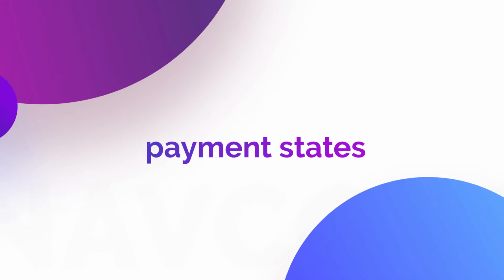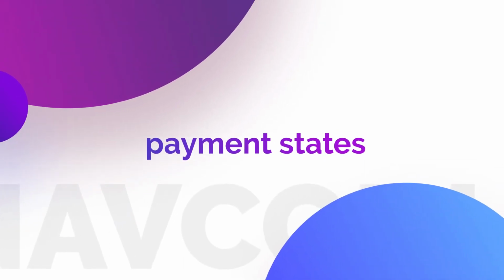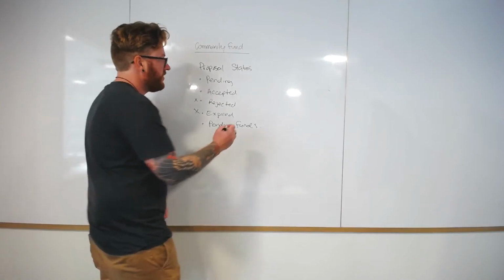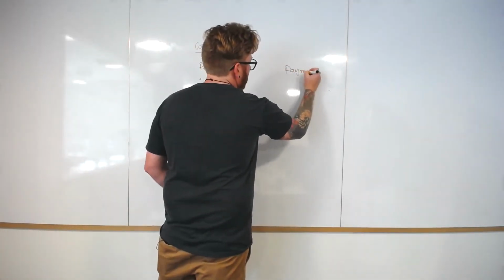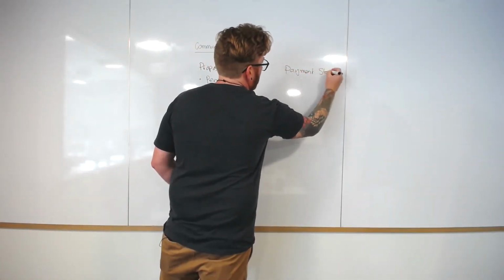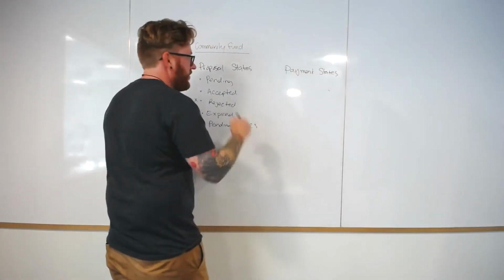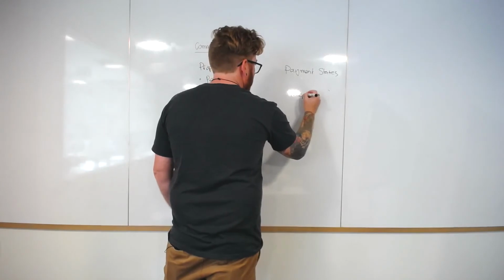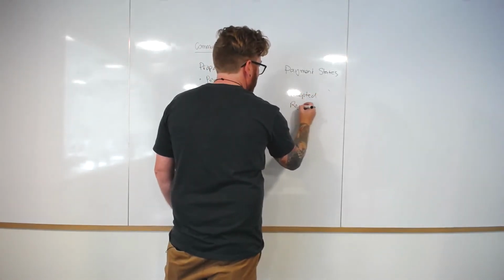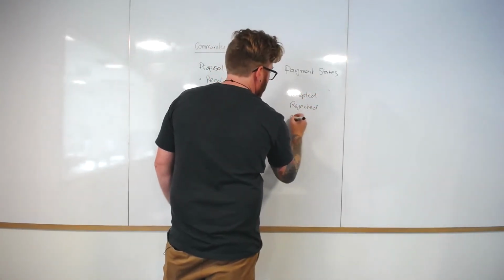Payment states are pretty much the same. There's just a couple less. So with payment states, we pretty much just have accepted, rejected, and expired.